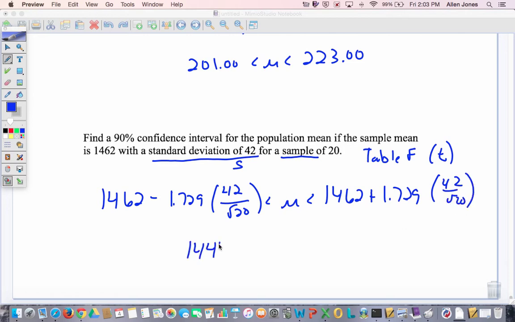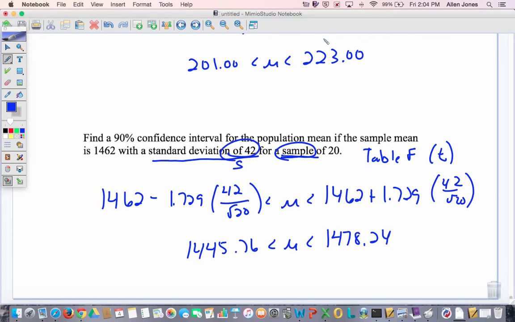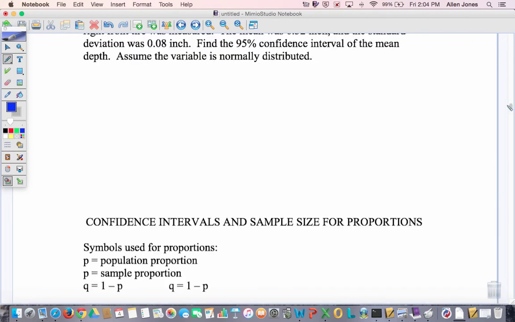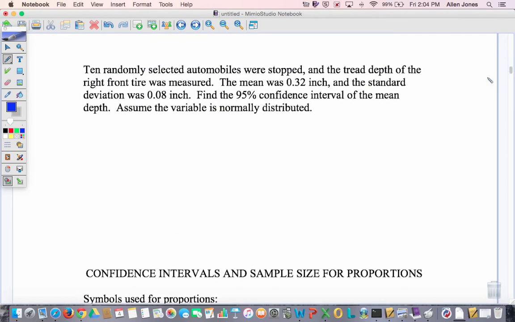If we make those calculations, I have 1445.76 to 1478.24. So again, simply recognizing the fact that we have our sample standard deviation here tells us to use a different table. One more time, we'll hopefully illustrate that.